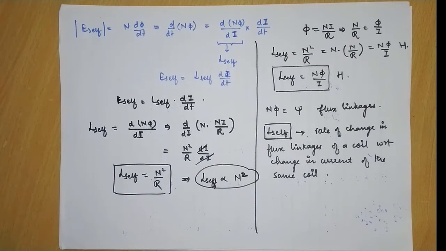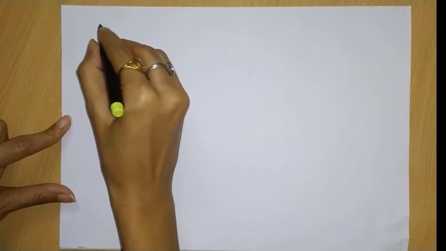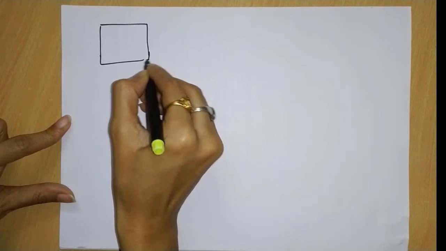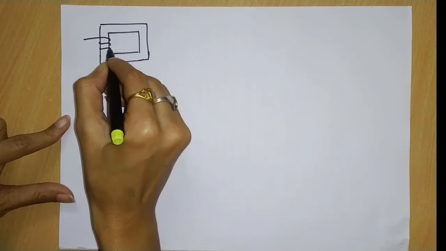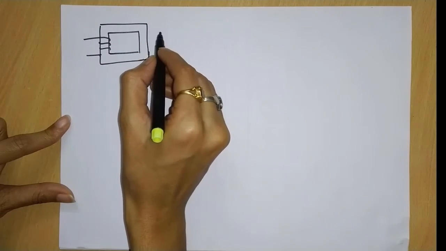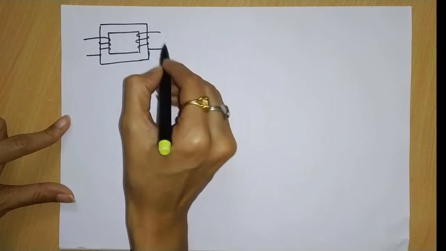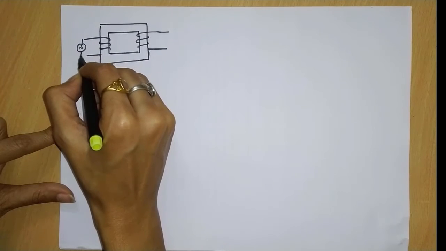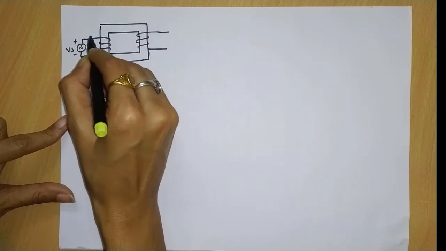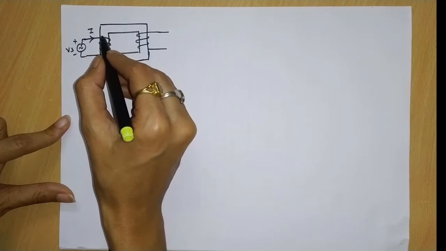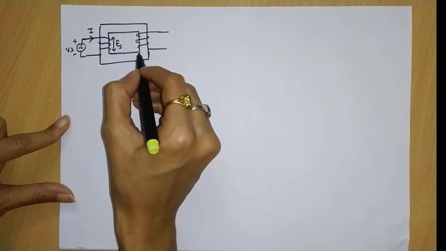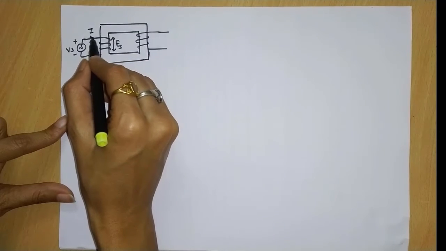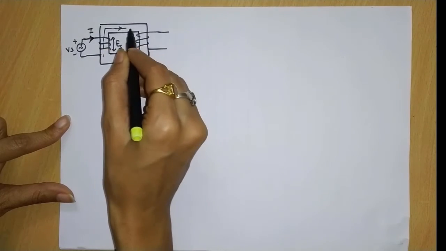Next we look at the mutually induced EMF. Here suppose this is a transformer core. This is the primary, and this is the secondary. I have applied the source on the primary, and the current is flowing. As we saw, this is the self-induced EMF. This current will generate some flux.